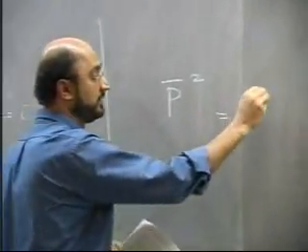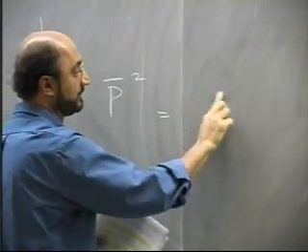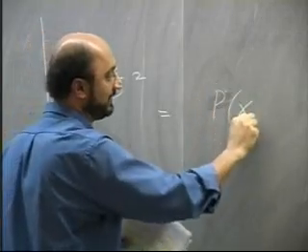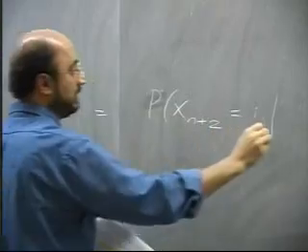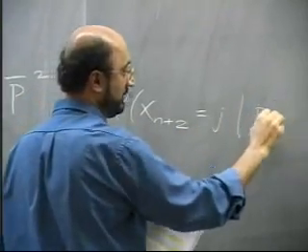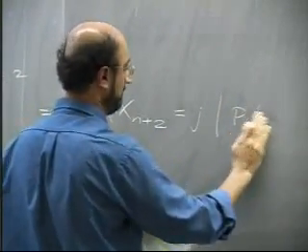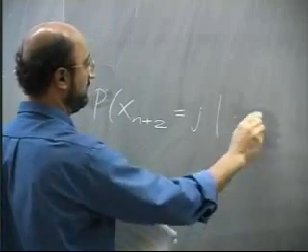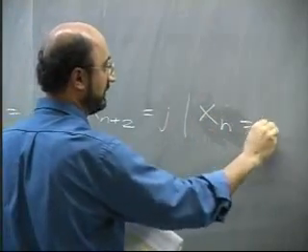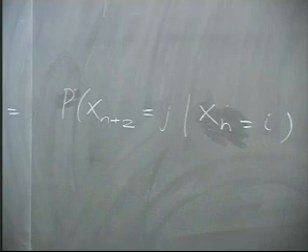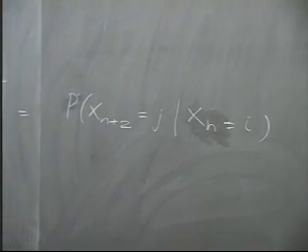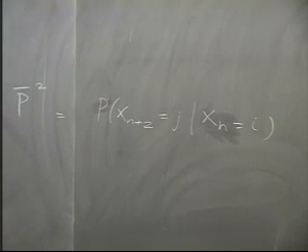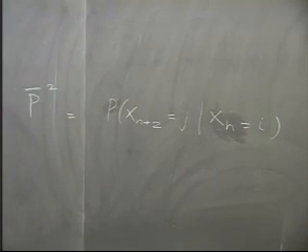So P squared is nothing more than the probability of X_{n+2} equals j given X_n equals i. I'm not really writing the notation down properly, but you should think about what does P squared mean, what does P cubed mean, etc. And I think you'll understand a little bit more about the representation when you do this.